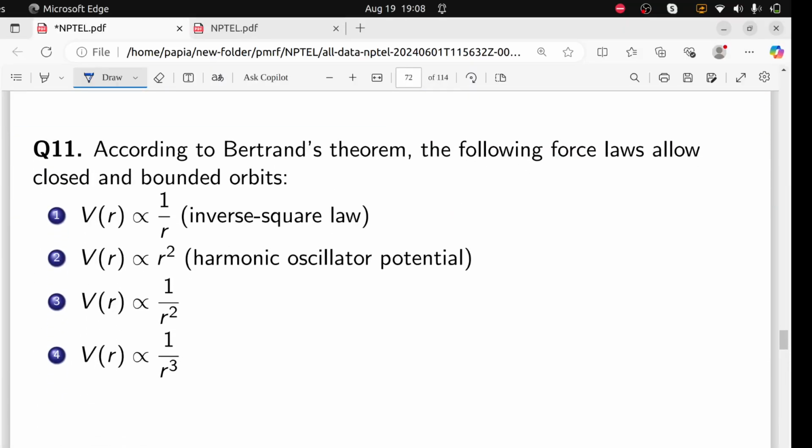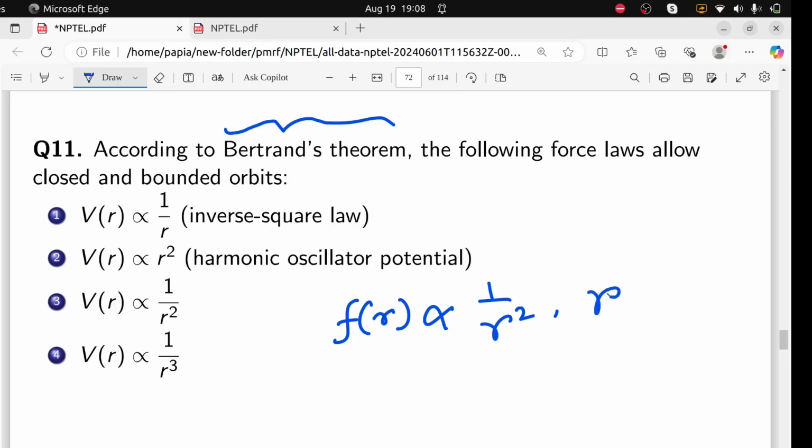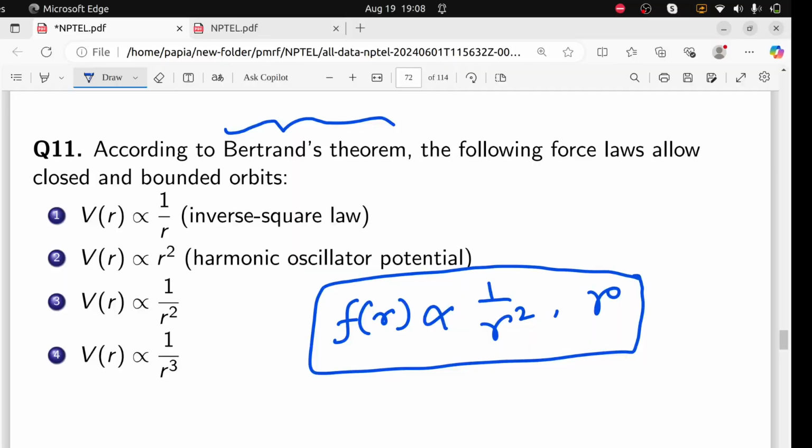According to Bertrand's theorem, the following force law allows closed and bounded orbits. This is very simple because at the very start of today's lecture we talked about the conditions for Bertrand's theorem. Bertrand's theorem says that if I have Fr proportional to 1 by R square or R, in this situation I will have Bertrand's theorem.